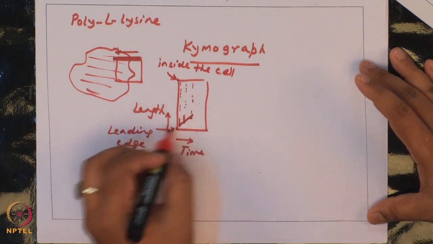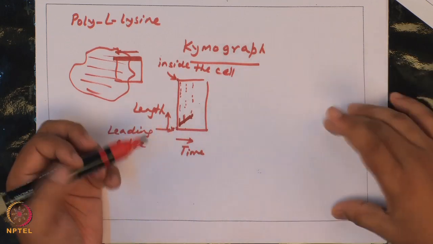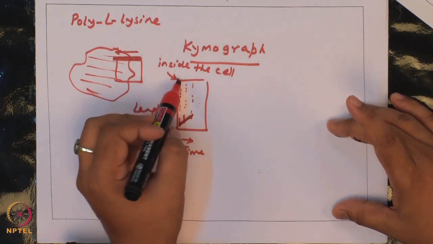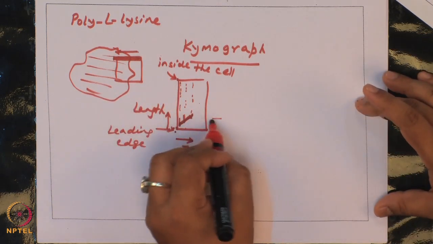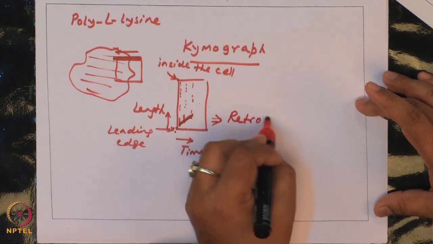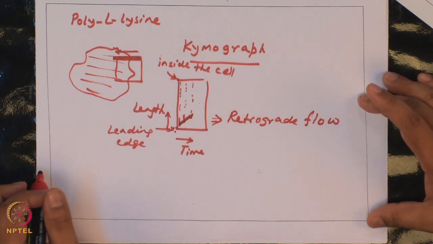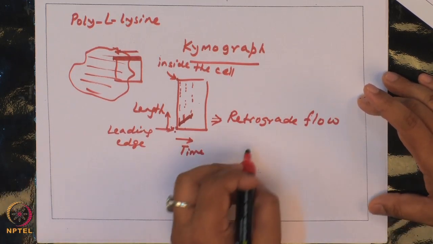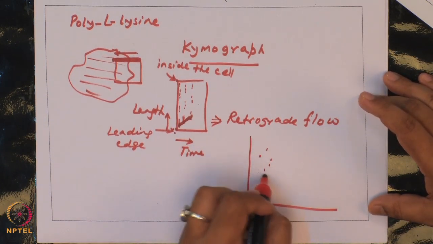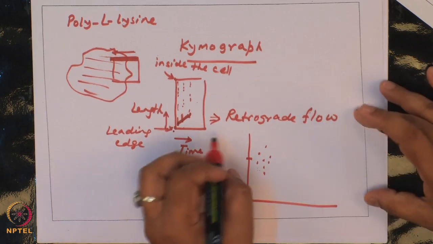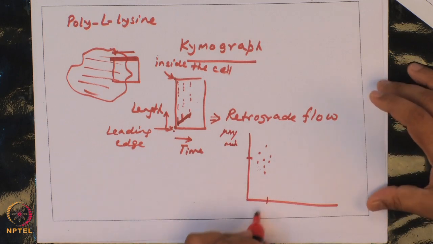So, by connecting these dots, I will get these lines, okay, and what you find is, because this is the leading edge and this is the trailing edge, this is some point inside the cell, a slope this would give us retrograde flow. So, you have a given retrograde flow. So, you can do multiple measurements and you can get some value of retrograde flow. Okay. So, in terms of microns per minute or microns per hour.